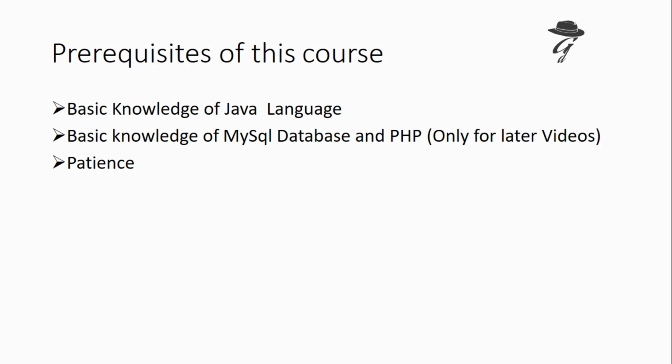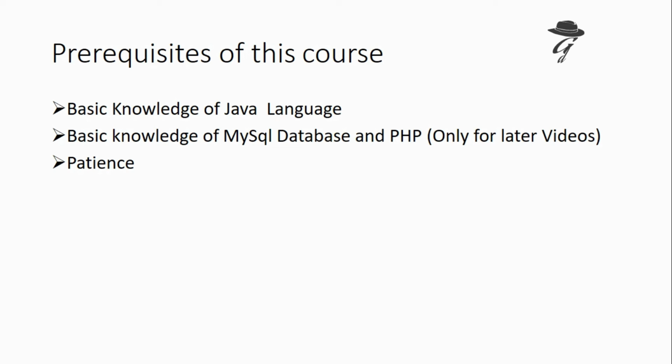And the third and the most important thing is patience and practice. You cannot learn anything in one day, 1 week, or 1 month. You need to have patience, you need to have perseverance, you need to practice every day. You learn something in this course, you search for that on the Android developer website, you read about that and you practice that, and that's how you learn Android development.